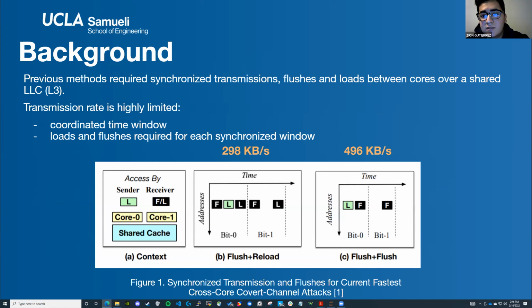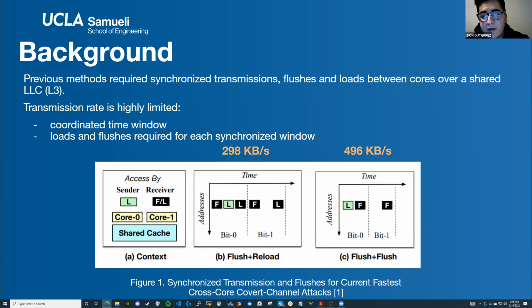Previous methods required synchronized transmissions, flushes, and loads between cores, which are depicted by F and L in figure A. Each bit, a shared processor cache allowed attackers to collude between sender and receiver via timing differences on accessing shared caches.